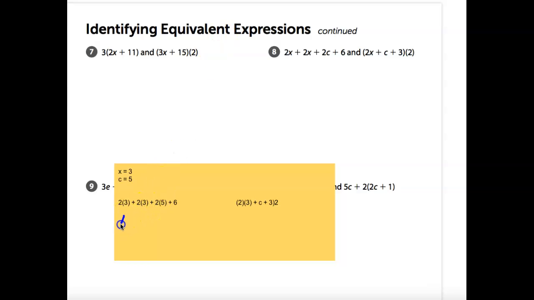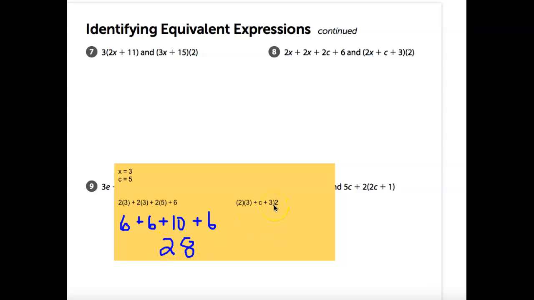Okay, and we get 6 plus 6 plus 10 plus 6. Several different ways you can add these up. You could do 6 times 3 is 18, 18 plus 10 is 28, or you could just do 6 plus 6 is 12, plus 10 plus 6 is 16, and 16 plus 12 is 28, but we get 28 here. And then you get whatever you put in for those numbers.